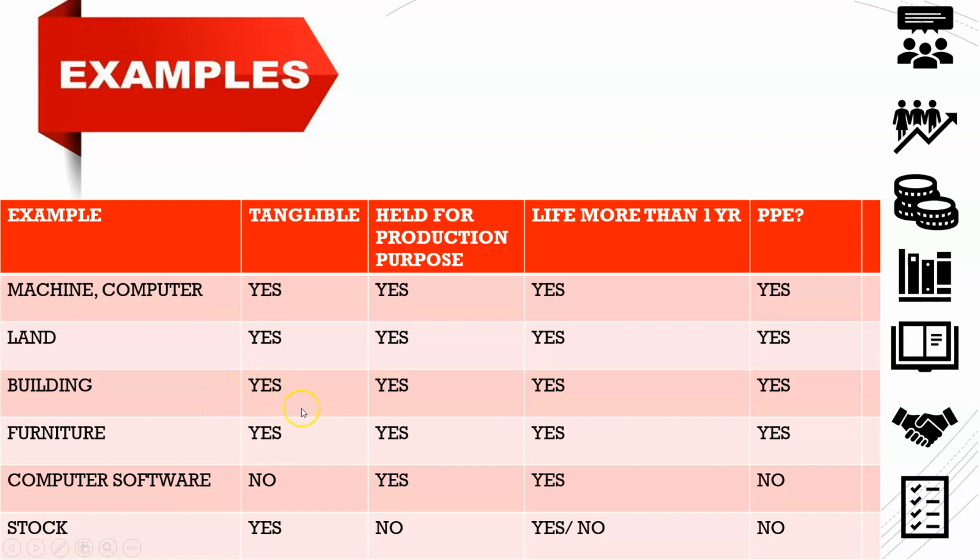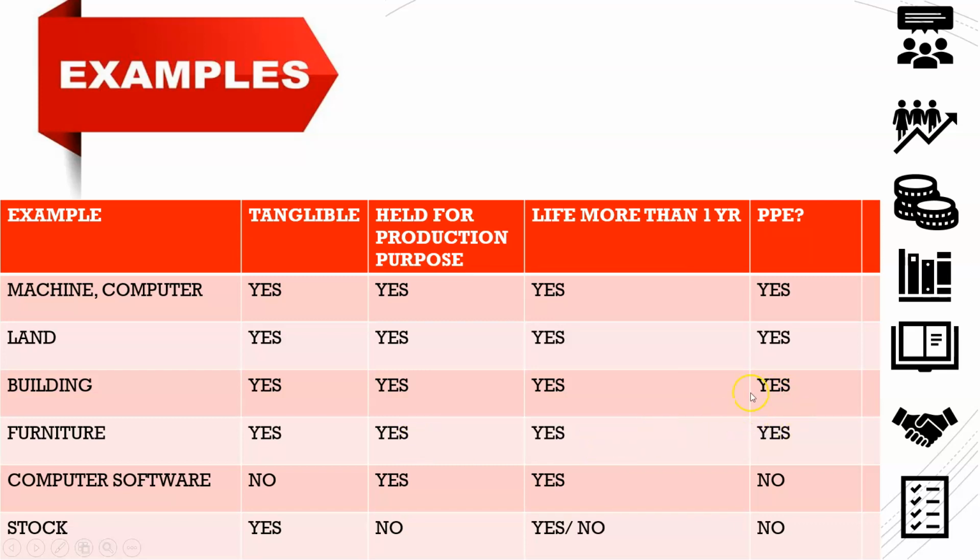Next, building: it is tangible, it can be touched, and it is held for the purpose of production or business, since the employees function in it. Life more than 1 year, definitely yes. All three components are present, therefore it is plant, property and equipment. Next we have furniture. Yes, it is tangible, held for the purpose of production, yes, and life more than 1 year, yes.